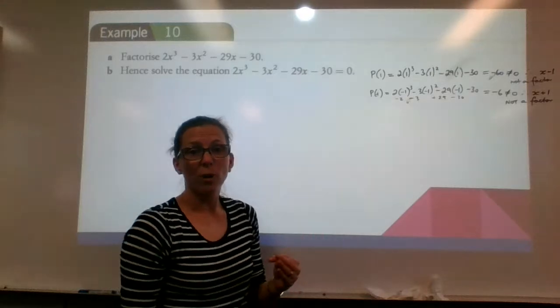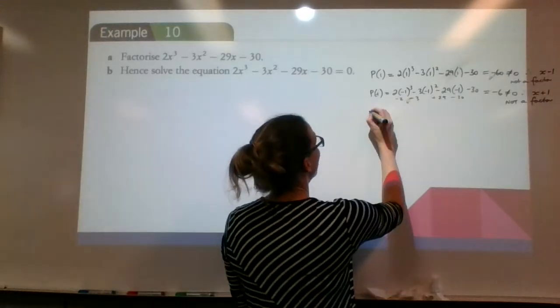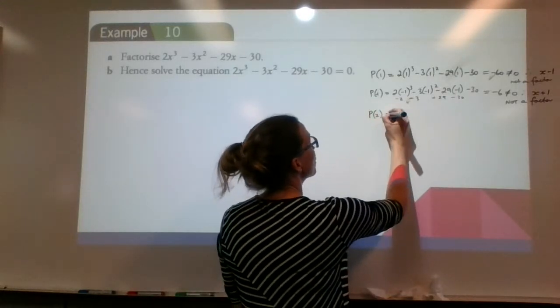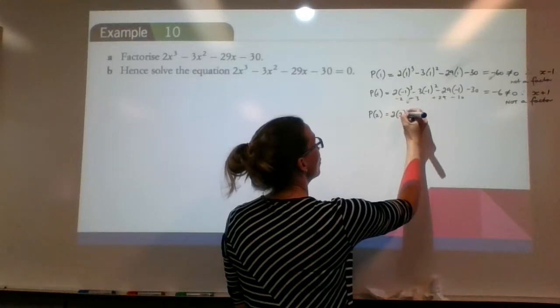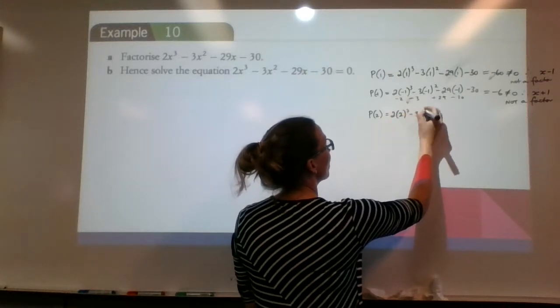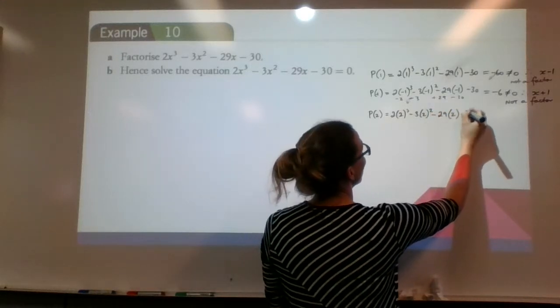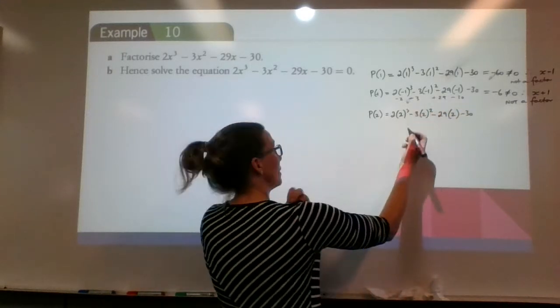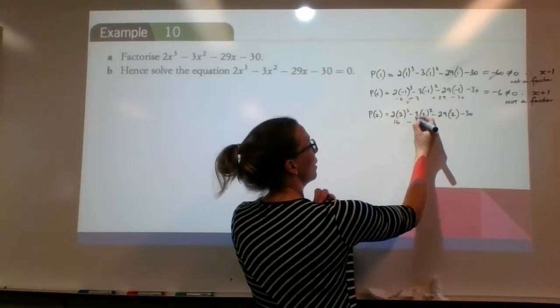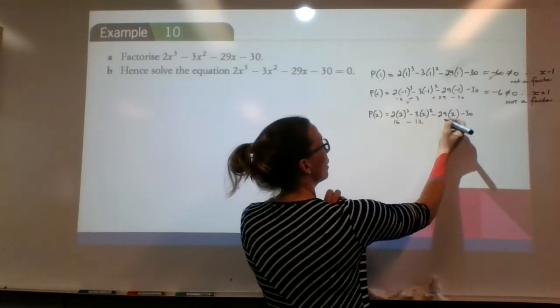I've tried 1 and -1, now I'll try 2 and -2. Polynomial at 2, 2 lots of 2 cubed, take 3 lots of 2 squared, take 29 lots of 2, take 30. 2 cubed is 8, so that's 16. 2 squared is 4, that's 12.